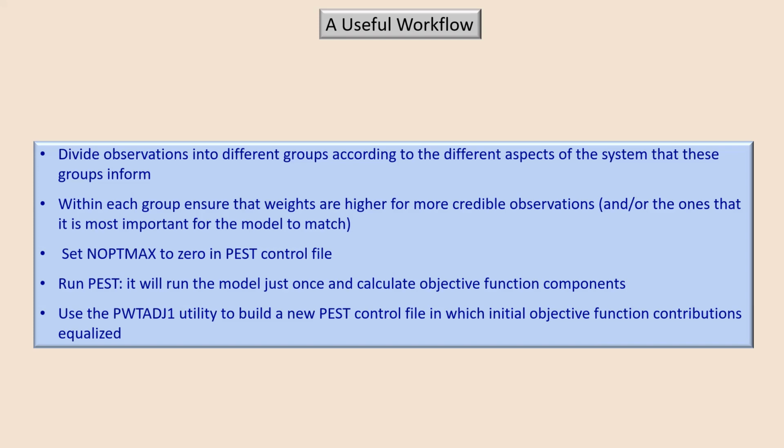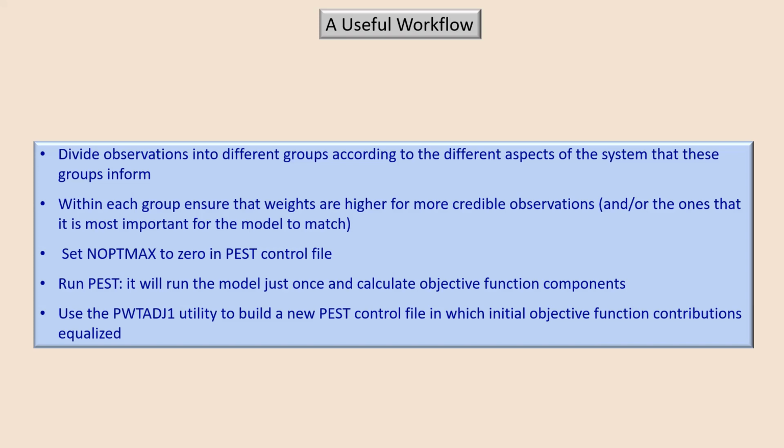I set NOPMAX to 0, that control variable which sets the number of iterations in the control data section of the PEST control file. I set NOPMAX to 0 and run PEST. It then runs the model once, prints out the objective function and contributions to the objective function by each observation group. These are listed on the screen. They're listed in the run record file.